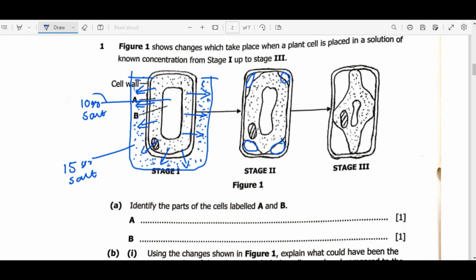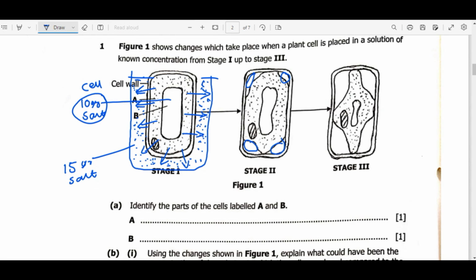So in the cell, if we say we have 10% of salt, it simply means that there is less solute but more solvent. So there is too much water in the cell compared to the water in the solution. Hence, the water will move from where there is high potential, which is the cell, into the solution. So that is what is happening. As a result, we are able to see at stage 3 the result of losing water.